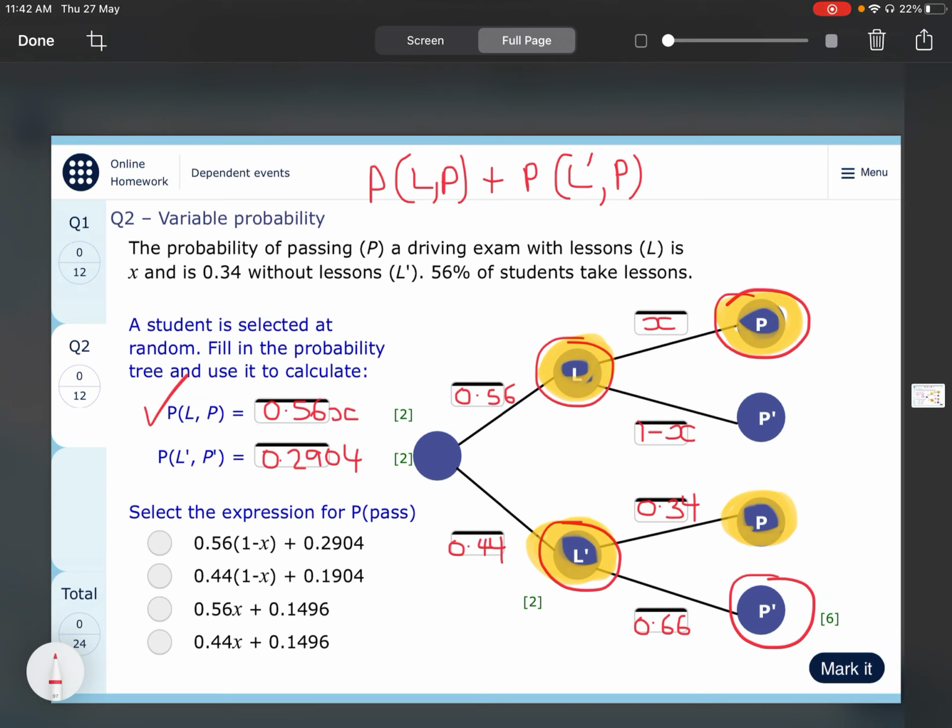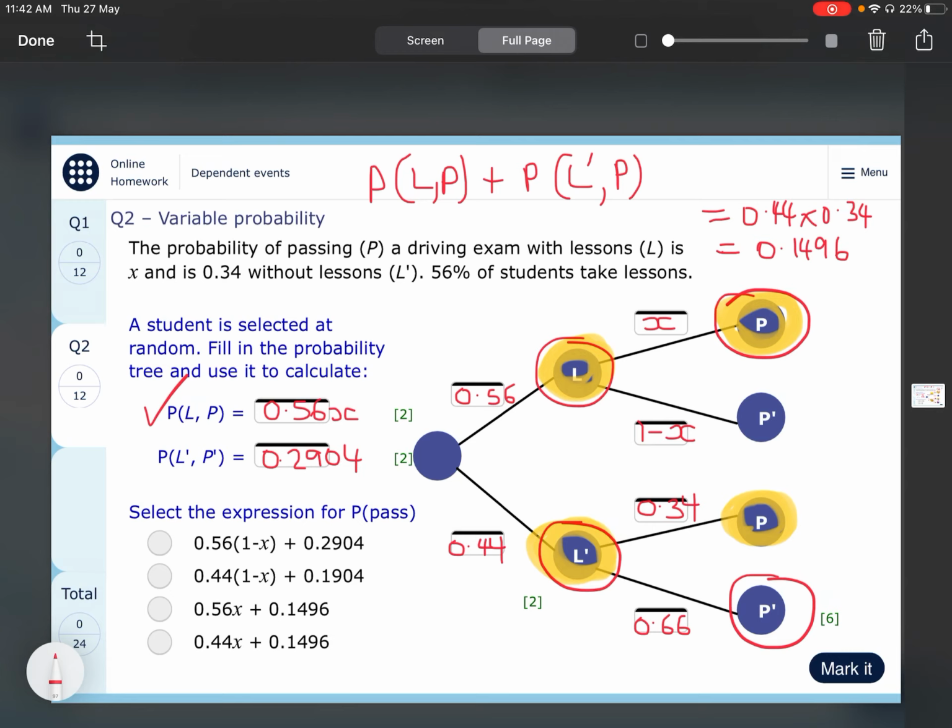So L naught and P is equal to 0.44 and 0.34. So if I multiply them together, that's going to give me 0.1496, which again matches one of the numbers down below.